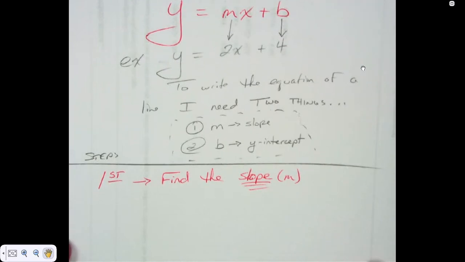Second, use the slope and a point on the line to find b.